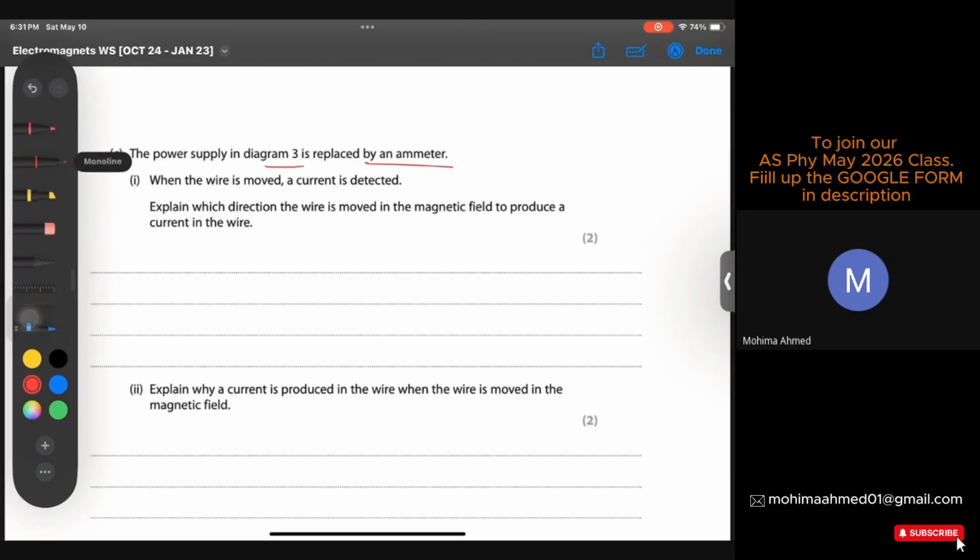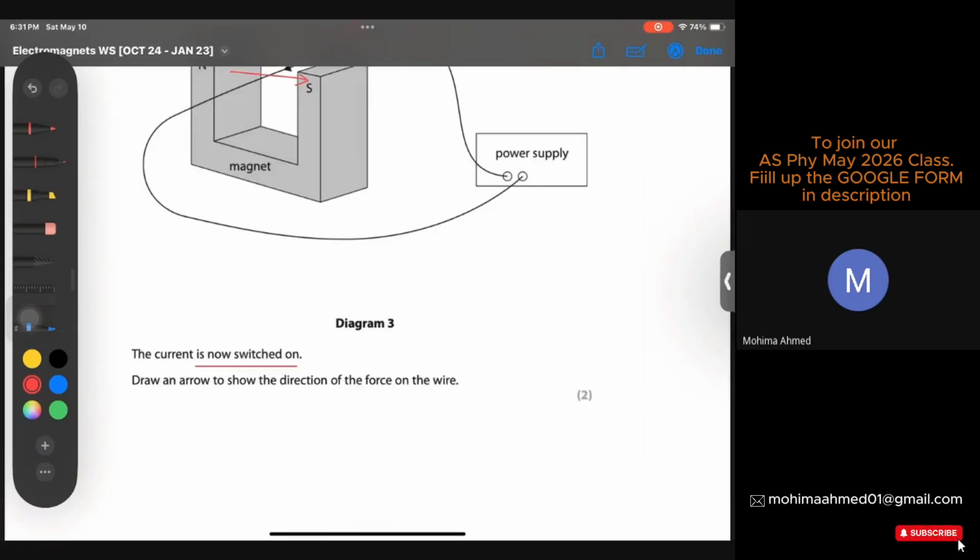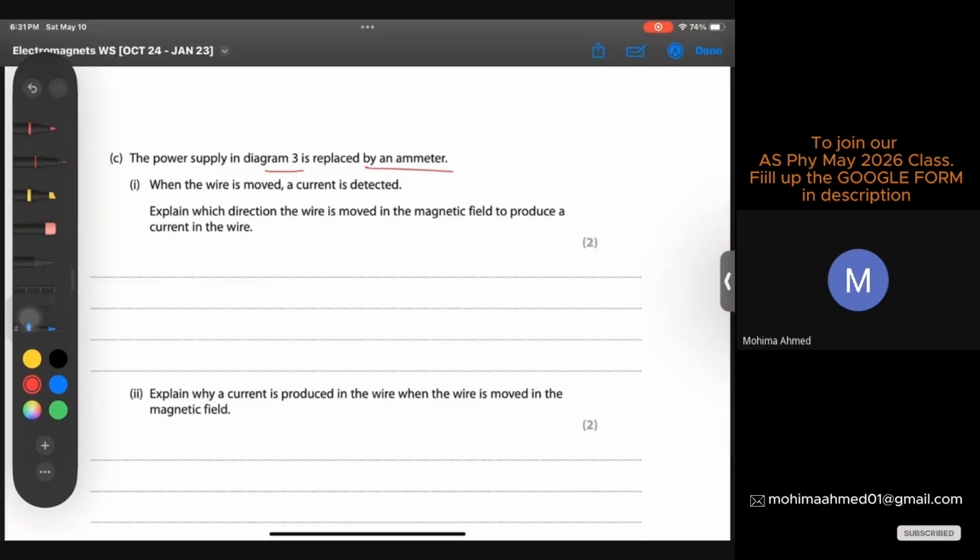Okay, this time it means that previously, I was providing some electricity to this wire. Then we had the magnetic field lines of the wire interacting with the magnetic field lines of the magnet, and that created an external force on the wire, right? But now if I replace the power supply with an ammeter, that means I'm not providing any current to that wire. So you don't have a current carrying wire.